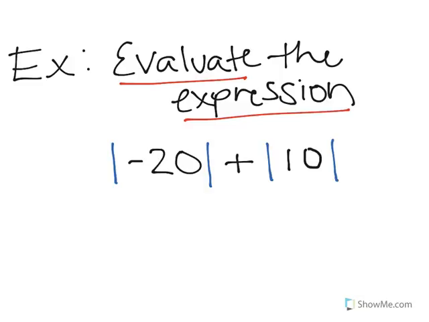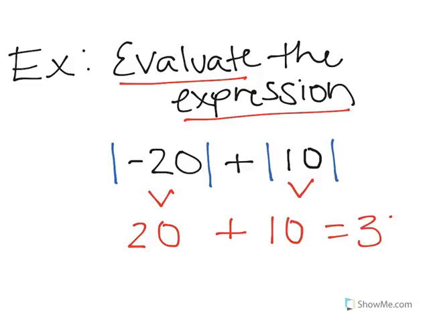So we have the absolute value of -20 plus the absolute value of 10. Okay, well, -20 is 20 away from 0. And then 10 is 10 away from 0. So this is super easy. 20 plus 10 equals 30. Again, absolute value means the distance away from 0. Notice none of these are negative signs.